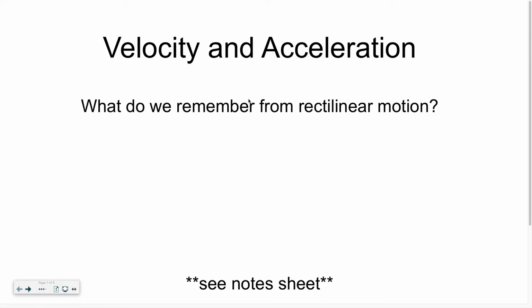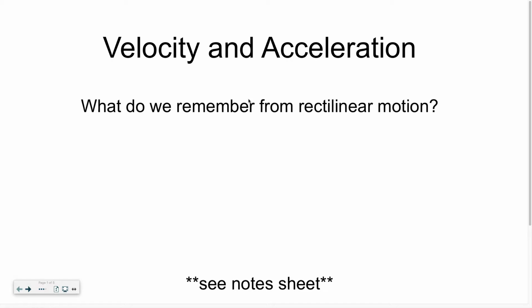I just realized that sentence says, "Do we remember rectilinear motion?" and I don't know what rectilinear motion means. Back in AB, we talked about a particle moving left and right, or up and down. It just moved along a line, linear motion, rectilinear.